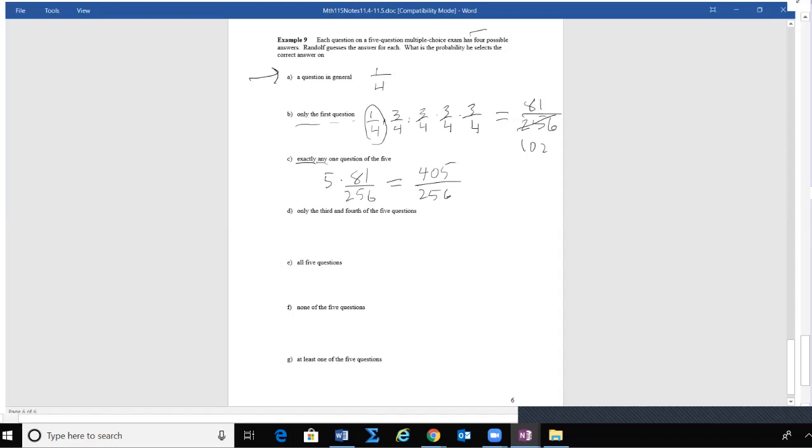It's 1024. And you have to pardon me on that. That's my mistake. I just realized I had that as 4 to the 4th power, and it should have been 4 to the 5th power. So it's 81 over 1024. That makes this 1024, and makes this 1024.